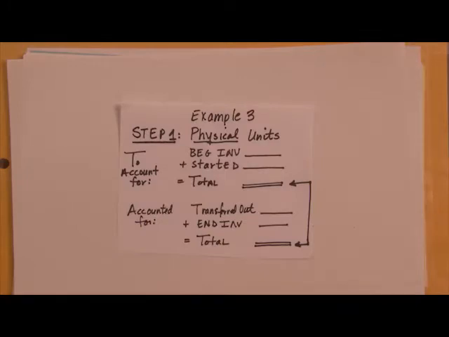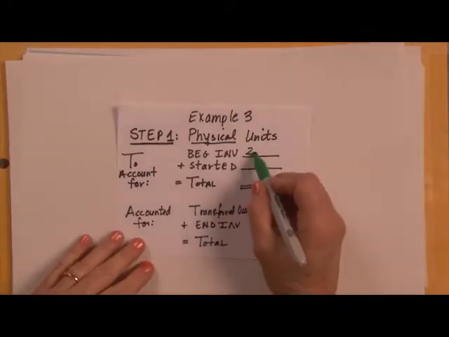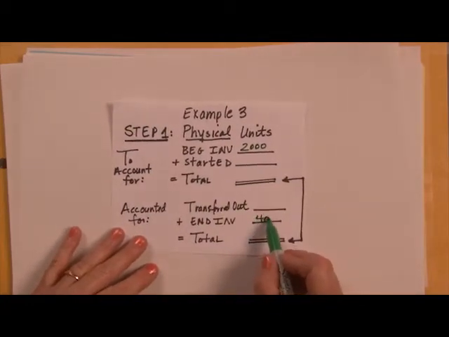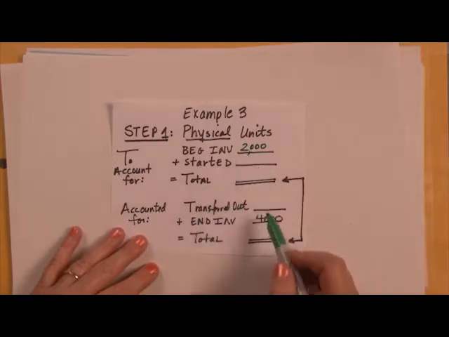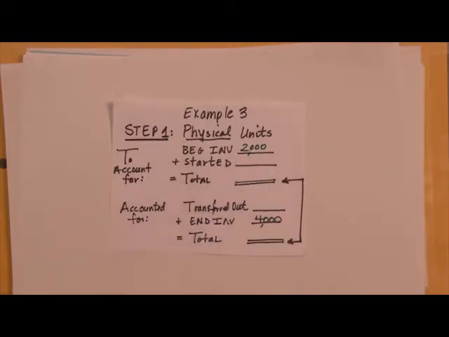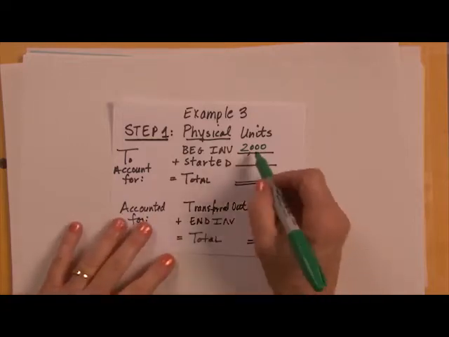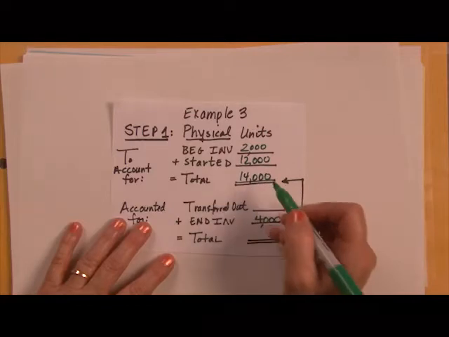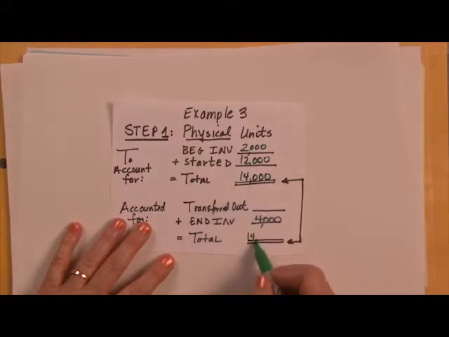As we look at example 3, this is going to be an example where we have both beginning and ending inventory. So in step 1, let's begin to keep track of what units we have to account for and where did they go. We started 12,000, so we have 14,000 units to account for.